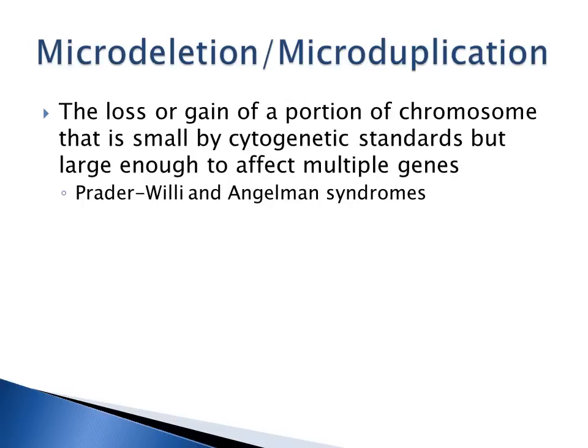A microdeletion or a microduplication is either the loss or gain of a portion of a chromosome that is considered small cytogenetically. However, it's large enough to affect multiple genes, and examples of microdeletions are Prader-Willi and Angelman syndromes.